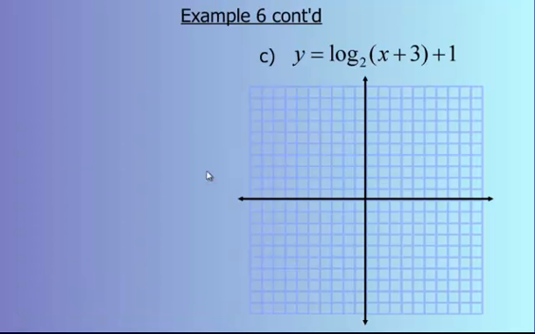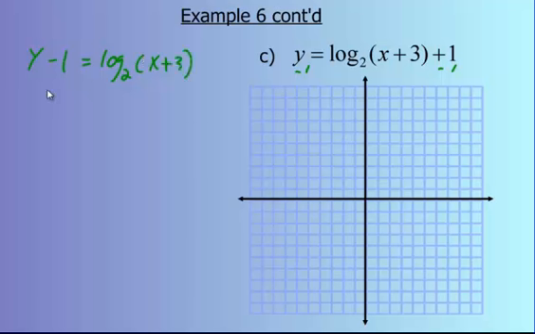But wait, what if it's more complex like this, where it's all translated and stuff? Well, that's not a problem. We can handle that. I would rewrite this in exponential form as well. The first thing I want to do is subtract 1, because we want to get the log by itself. So I'd have y minus 1 is equal to log base 2 of x plus 3.